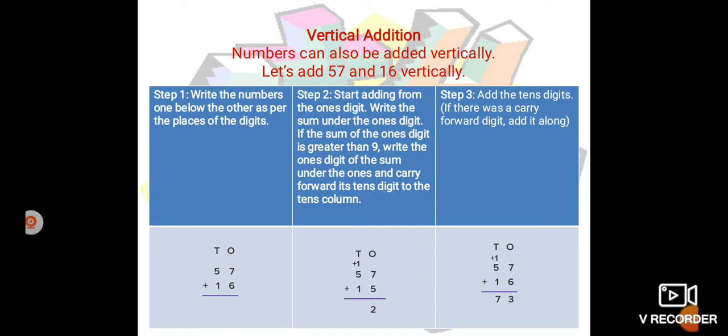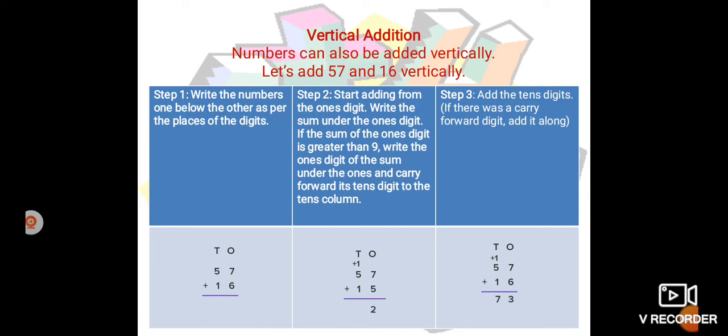So, now we will come to the point of how to add numbers or addends vertically. We have taken two numbers, 57 as well as 16. Step 1: Write the numbers one below the other as per the place of the digits. So we have to write the numbers according to the place value chart, meaning the places of the digits of a number.